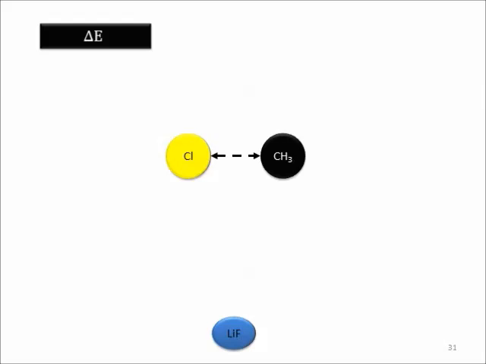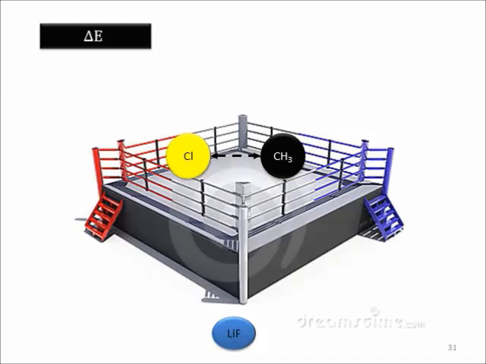To better understand activation strain analysis, let's consider the reaction of LiF with CH3Cl. A single point computation will give the energy of the system. Let's place CH3Cl in a boxing ring and consider CH3 and Cl as two opponents.